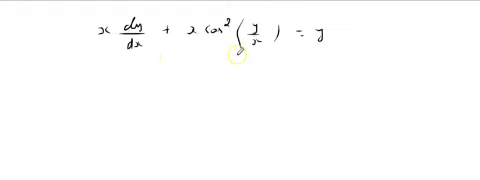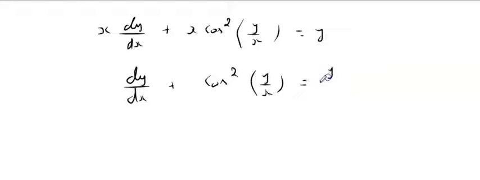Now the first step is, let us divide throughout by x. On dividing throughout by x, we get dy/dx + cos²(y/x) = y/x. Now let us put y = vx.